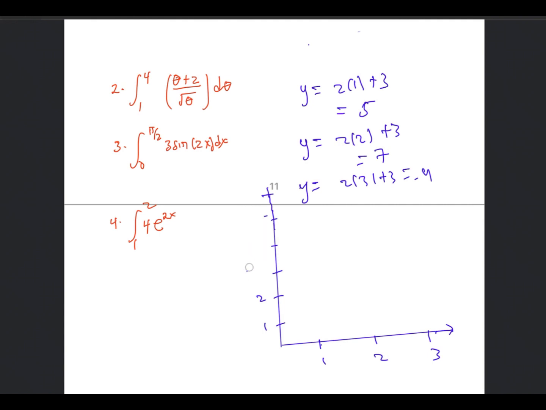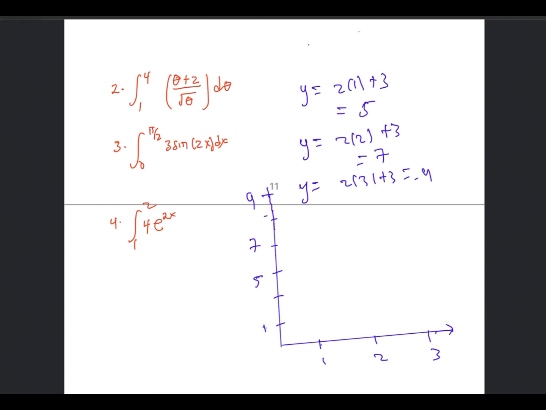Let me label this a different way: we have 5, and then 7, and then 9. I'm assuming this is the labeling for the y.